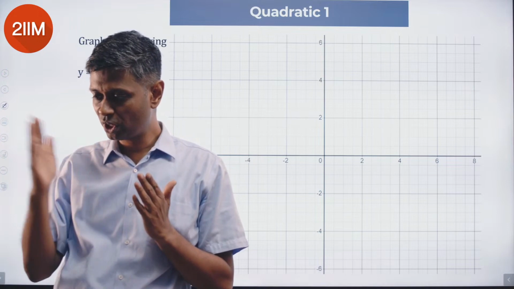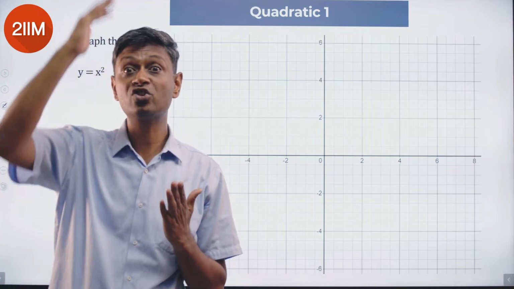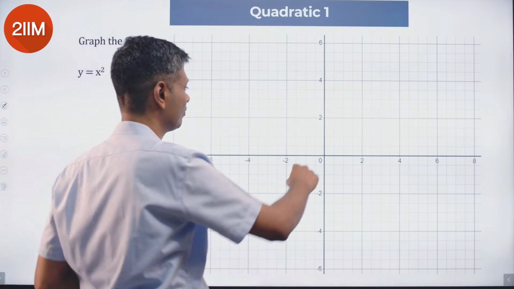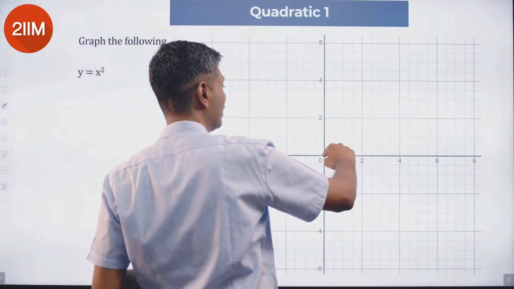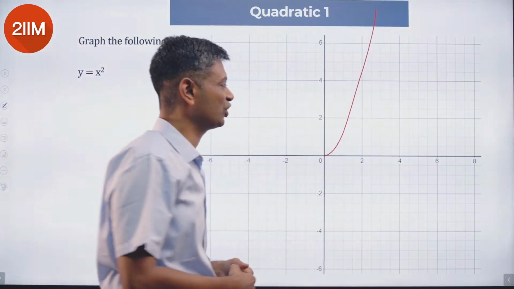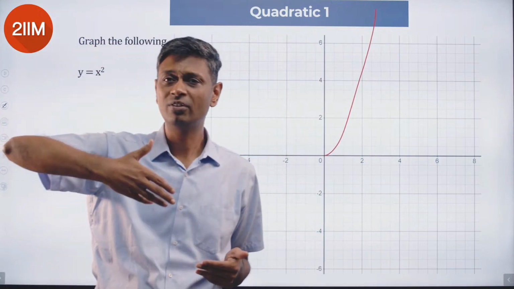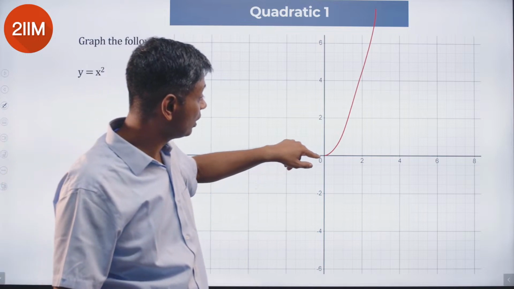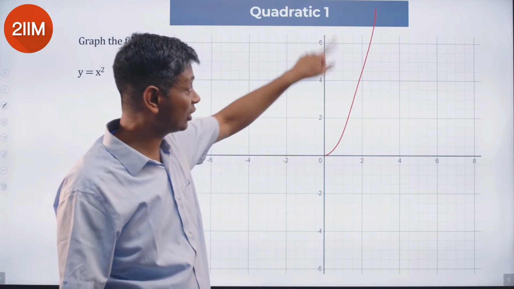X goes as 1, 2, 3, 4, y goes as 1, 4, 9, 16. So this will be a curve. It just takes off and flies away. Beautiful idea. Y equal to x square goes like this.